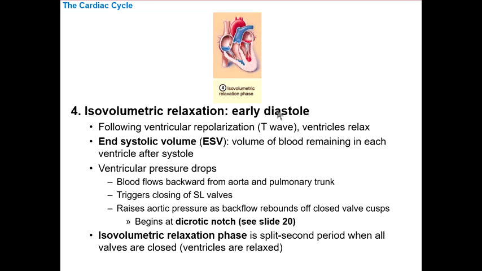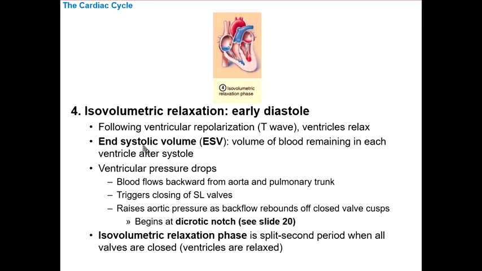When the ventricles relax, the pressure drops, and now you get blood backflowing through the pulmonary trunk and through the aorta, which fills up the cusps in the valves, and these valves then close, the semilunar valves. And when the semilunar valves close, once again all 4 valves are closed, so we have isovolumetric, same volume, but this time the ventricles are relaxed, so this is isovolumetric relaxation.